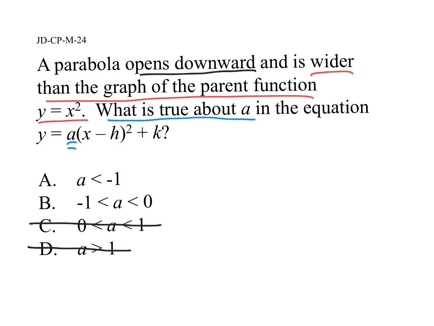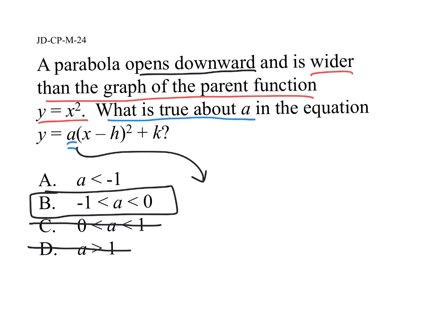And it's actually going to be between -1 and 0, because what happens is if you have a fraction, negative makes it open down, but then if you have a fraction in front of whatever your squared term is, that fraction is going to make it where your y values, in this case, don't go down as quickly.